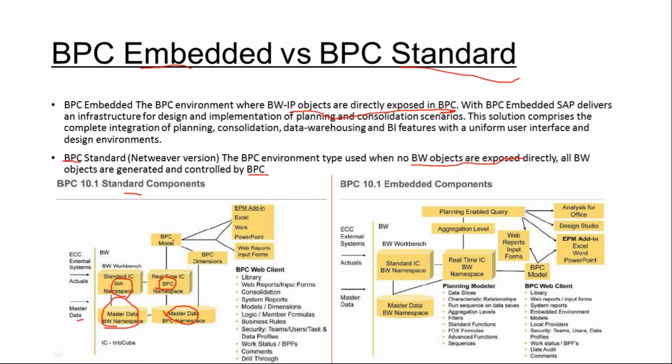On top of that, we'll create the BPC model for transaction data and BPC dimensions for the master data. And then we'll create the reports by using the EPM add-in. So this is how it works in BPC 10.1 standard.